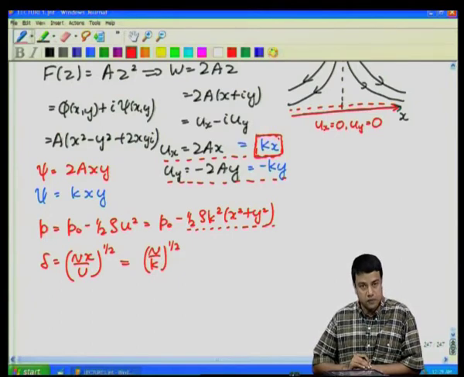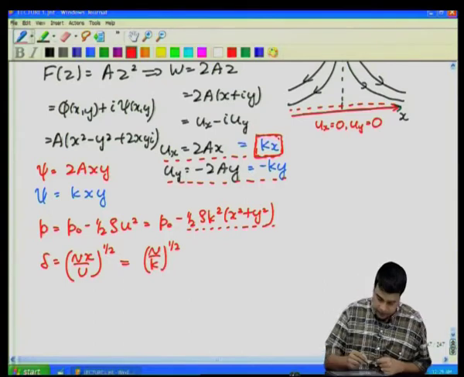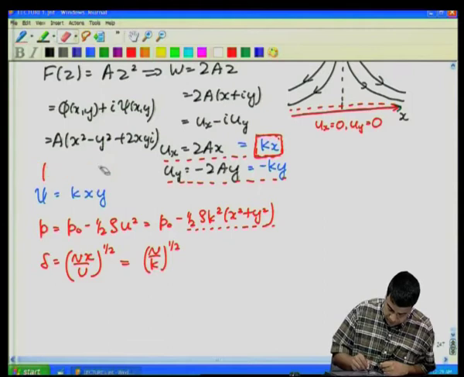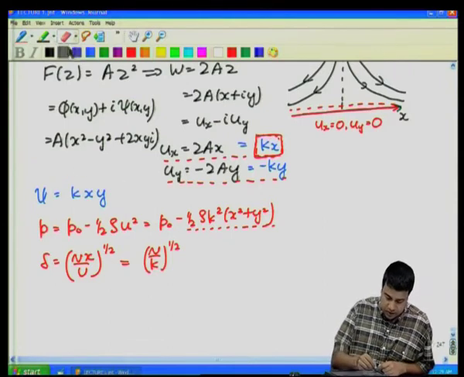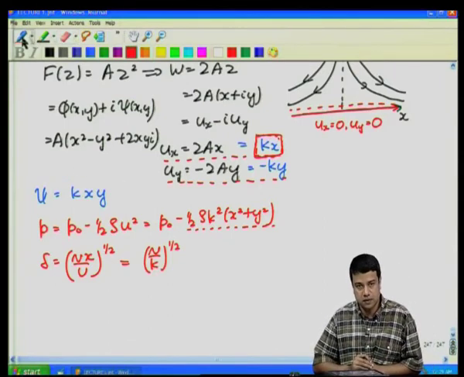So, the outer flow stream function is given by psi is equal to k x times y. What about within the boundary layer? Of course, the velocity field has to come to 0 at the surface.